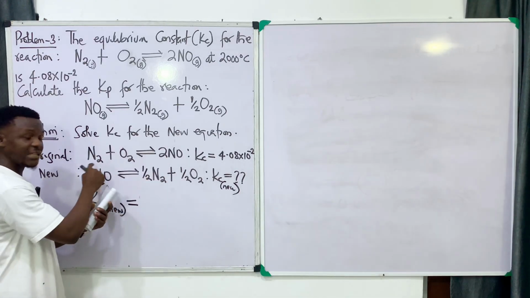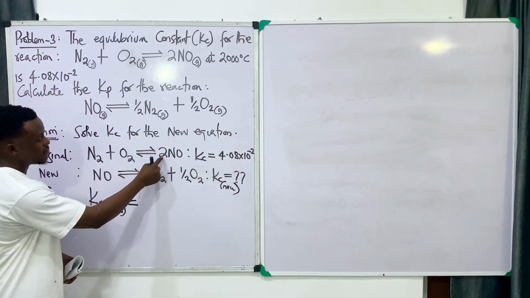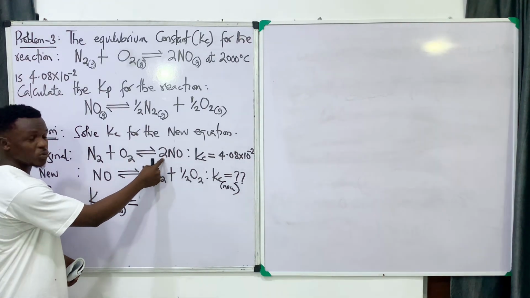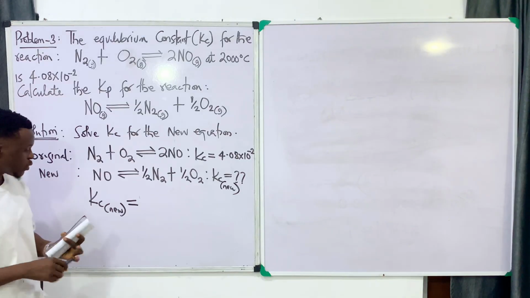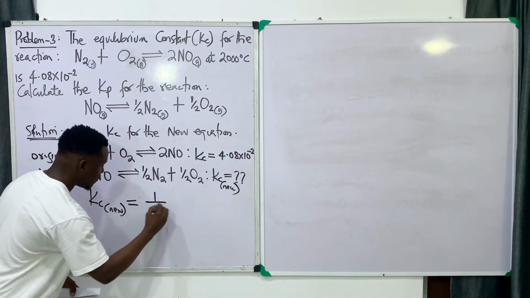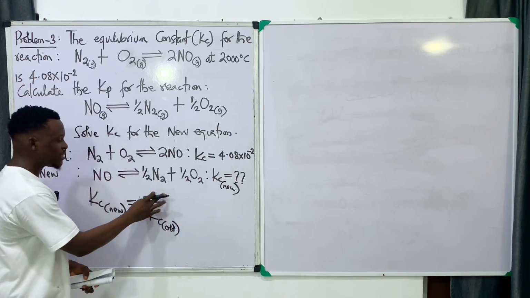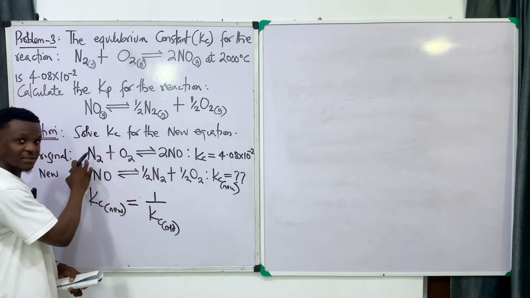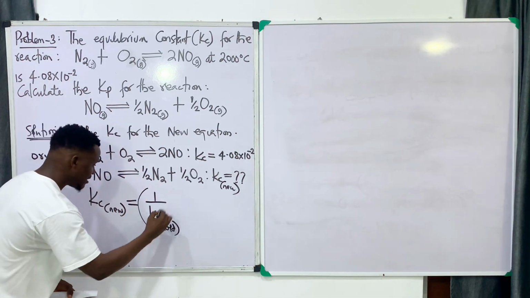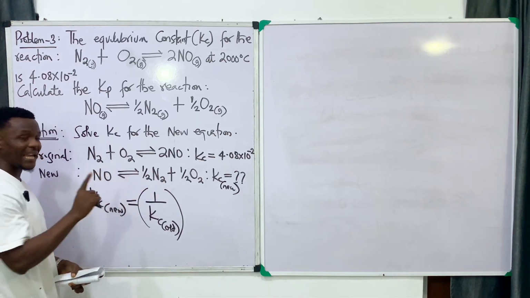And after reversing it, we're going to multiply it by half so that if you multiply half by 2, you're going to get 1. So when you do that, the Kc of this guy will now become 1 all over the Kc of the old guy. Why did we say 1 all over? Because we did reverse. Now, after reversing this guy, we multiplied by half.